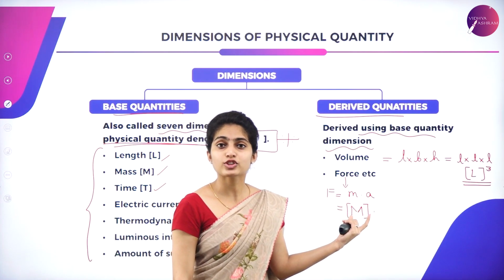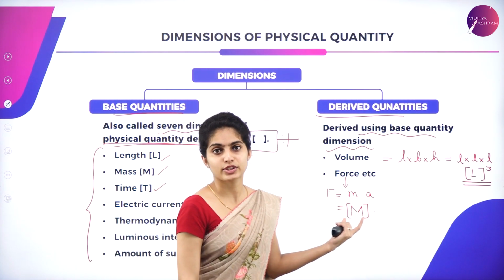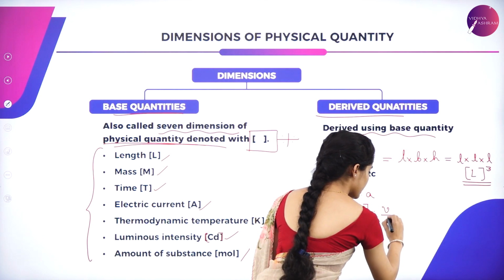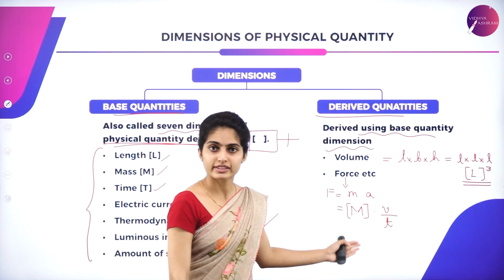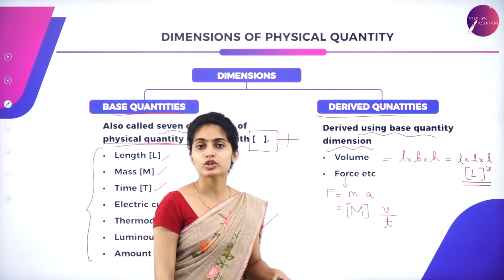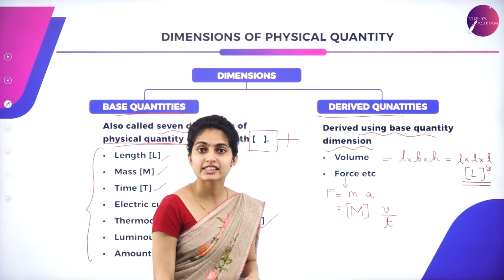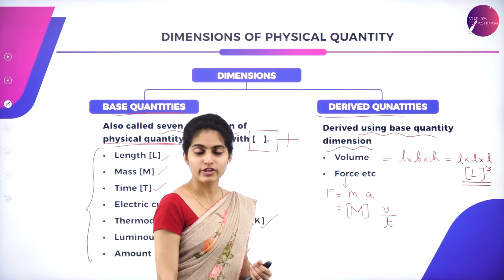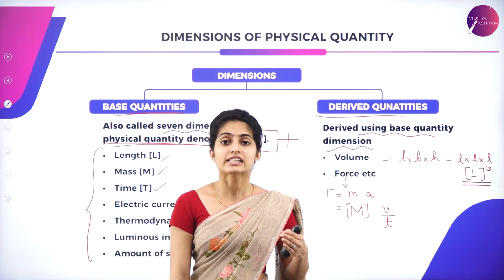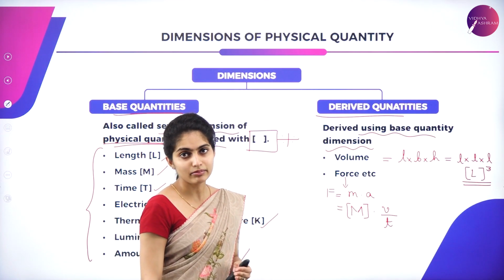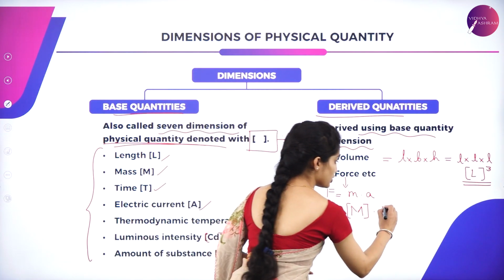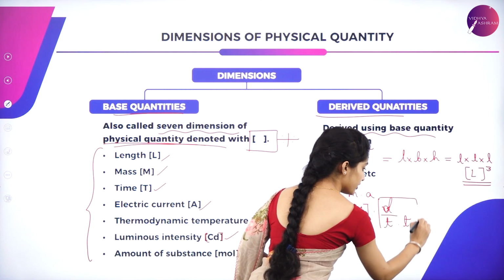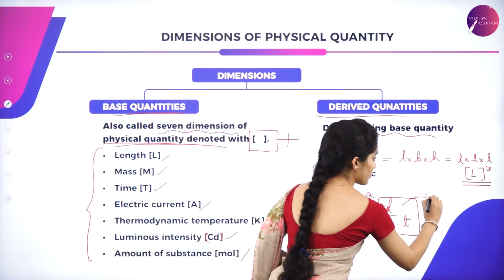Acceleration is the rate of change of velocity with respect to time, so velocity by time. Velocity is equal to distance by time taken. That is the formula of velocity. So my V changes to D by T. How can I give the dimension equation for this?